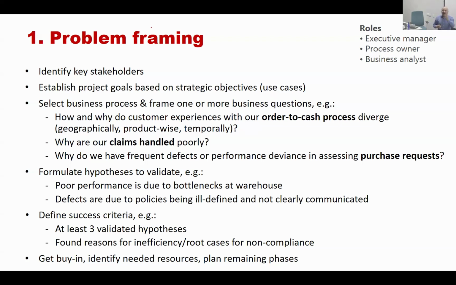Like, if we identify at least 3 key sources of inefficiencies in this process that will allow us to reduce at least 50,000 euros in annual expenses, would that make the project successful? You ask that question and you try to understand with the stakeholders what it is that will make them excited about the outputs of this project?